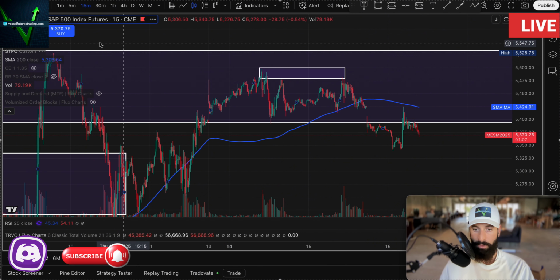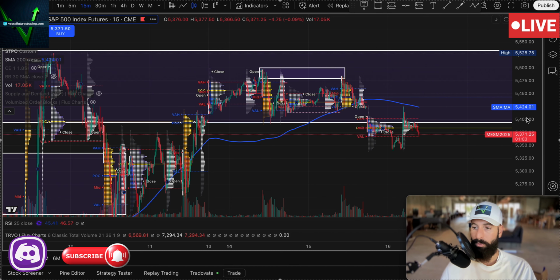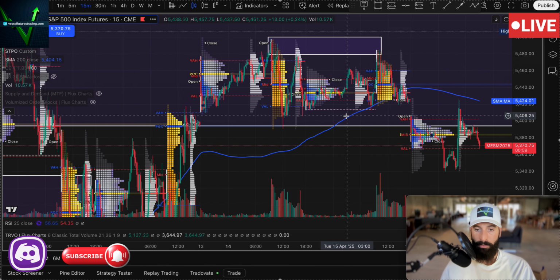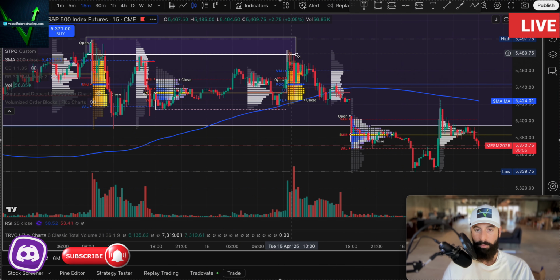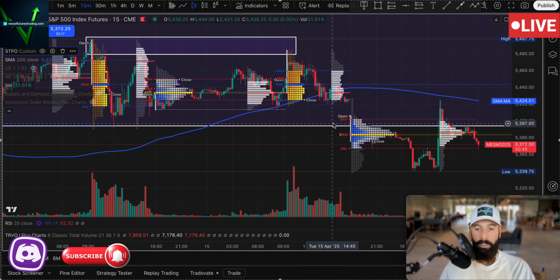I'm gonna put over here the night and the day market profile for us to understand it. So we entered over here in this position, and we had the short position from here to here, and we see what happened during the night.